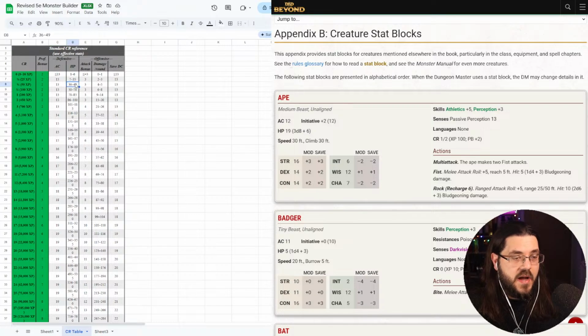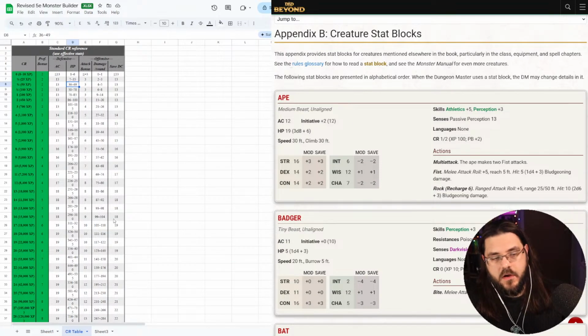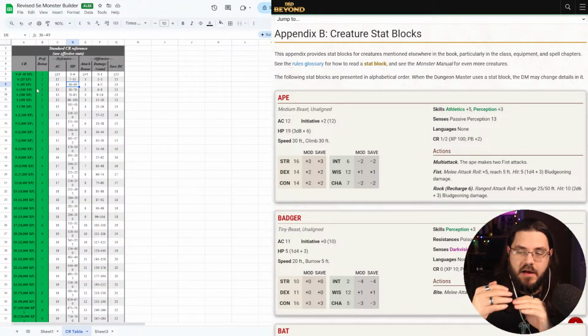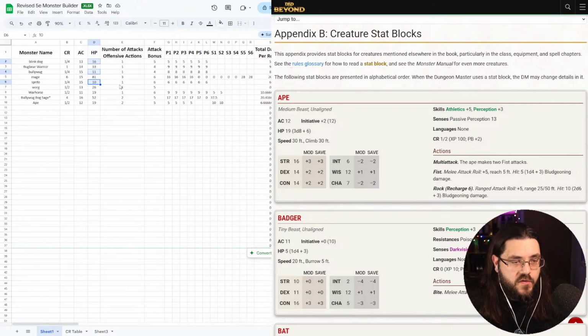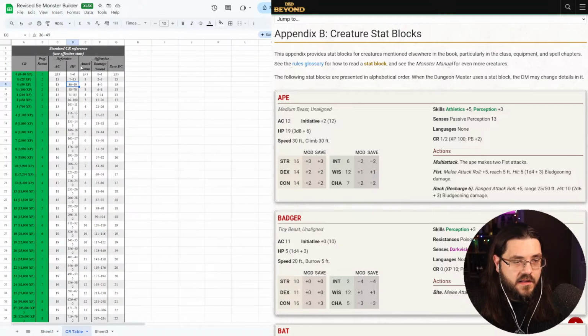But their typical HP in 2014 was 36 to 40, which is way higher than it is now. So I'm pretty sure that we're going to see that as a trend. Lower level creatures are going to have much fewer hit points. Their attack bonus in 2014 was 3, and now it is sort of 5-ish. So they're hitting a little bit harder.